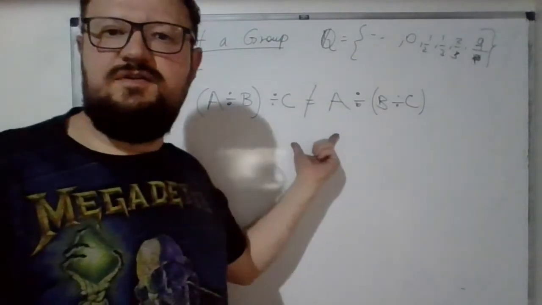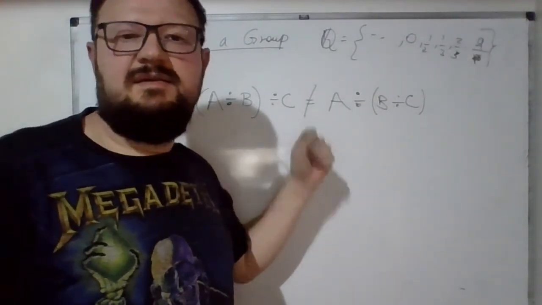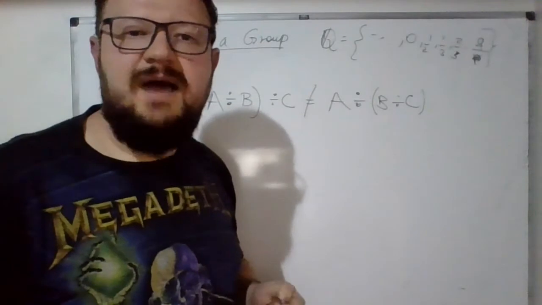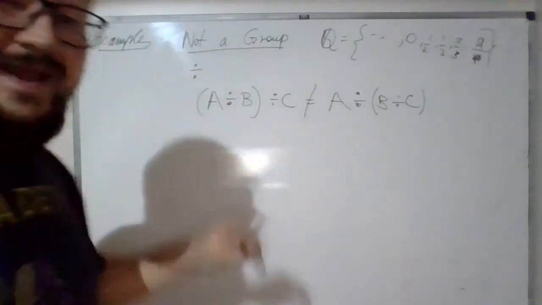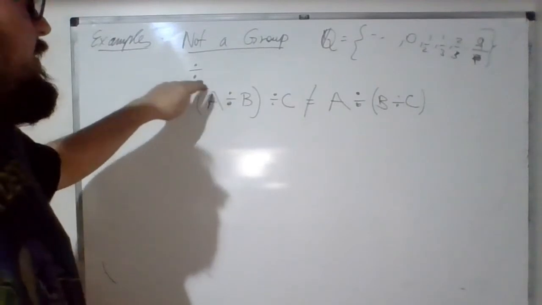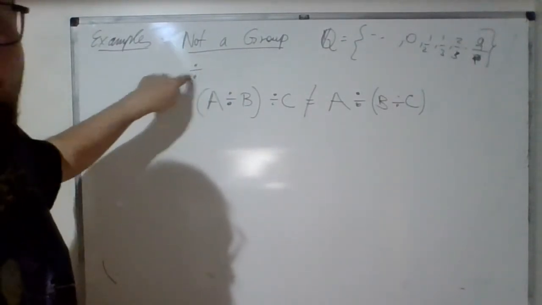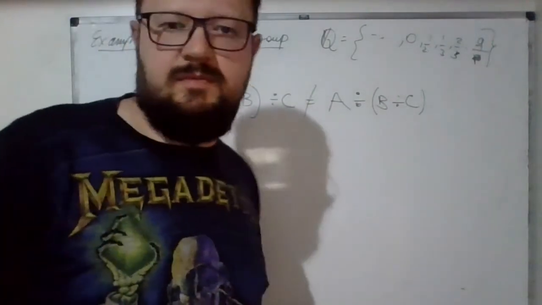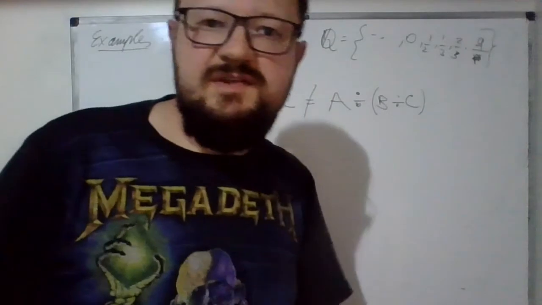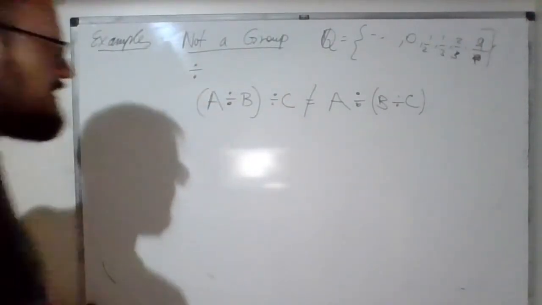Therefore, division is not an associative algebra. All right, it's not associative. So any set with division as the operation will not form a group, because the associativity is not satisfied. All right, so this is another example.